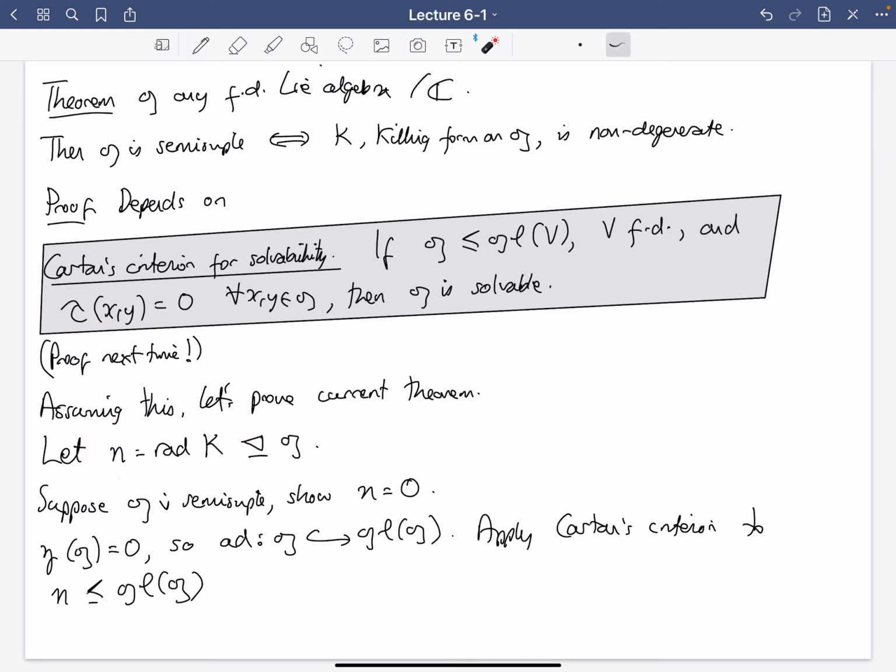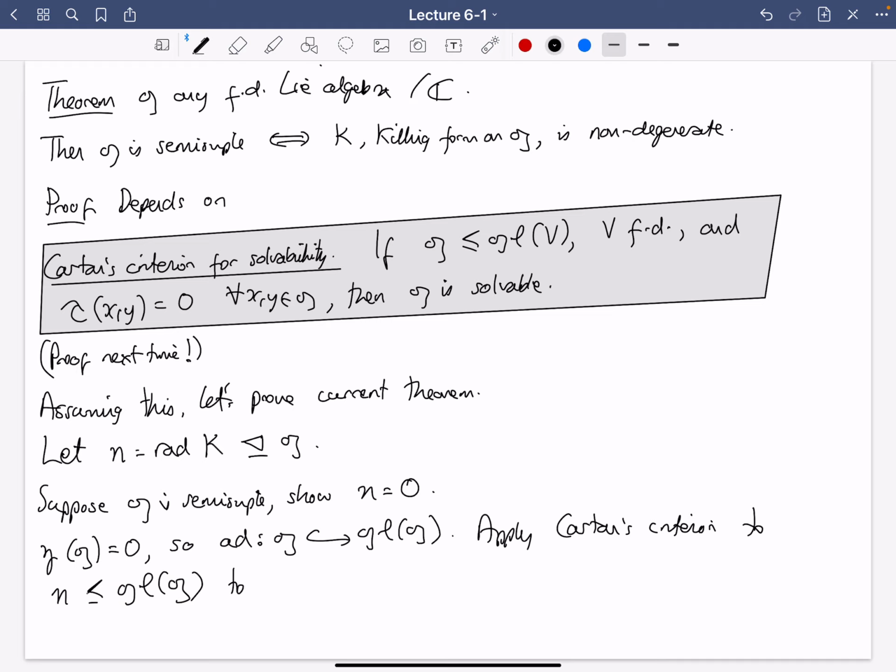So I'm applying Cartan's criterion to the Lie algebra n sitting inside GL(G), and the Killing form being 0 tells us this tau of xy is 0 for all x and y in n, tau being the trace form on GL(G) coming from this adjoint representation.